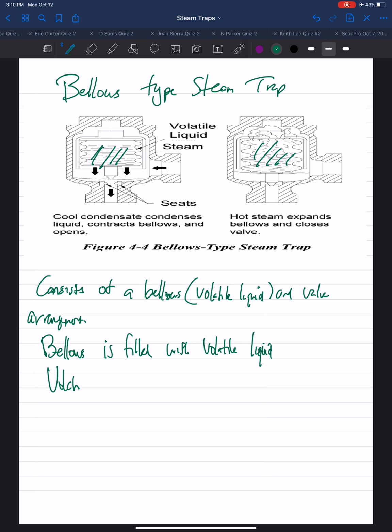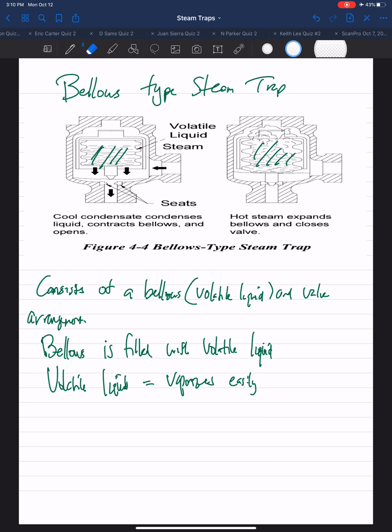The volatile liquid, which means it vaporizes easily. That's the best way to say it.